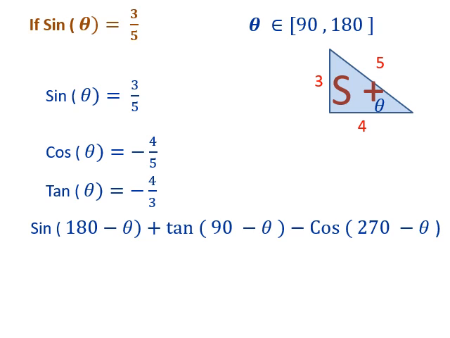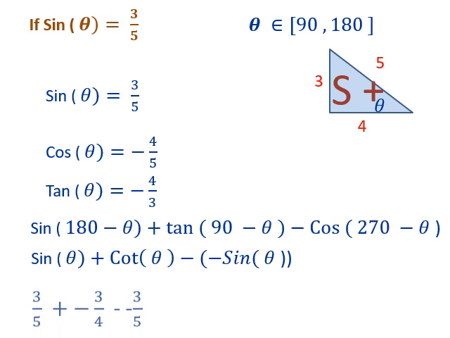Let's simplify first. Sine of 180 minus theta is in the second quadrant, so it will be sine theta. And tan of 90 minus theta, first quadrant, will be cotan theta, since tan with 90 degrees changes. Minus cosine of 270 minus theta: cosine with 270 becomes sine, and in the third quadrant it will be negative sine theta.